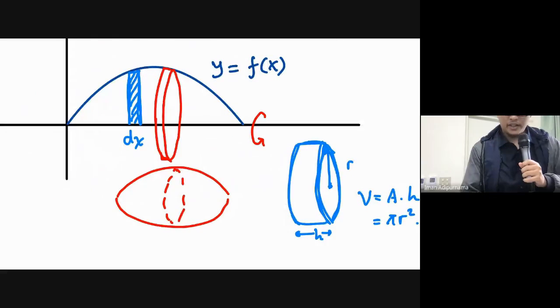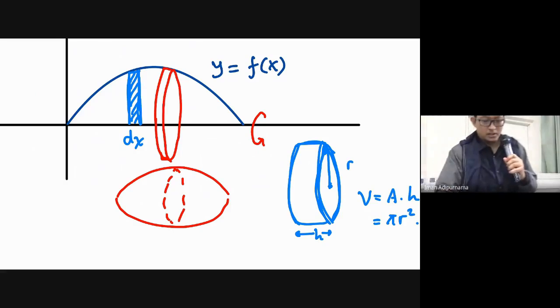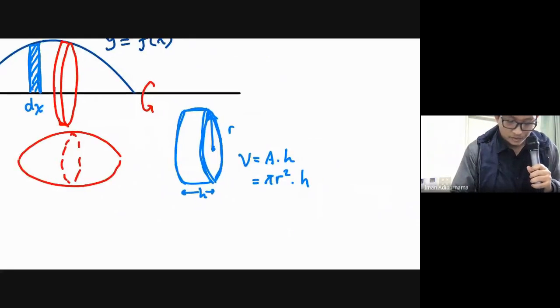And in our case, the volume will be this area multiplied by the height, dx, right? So the radius is the function. It will change along the function. So that becomes our radius. So pi r squared, the r is the function.